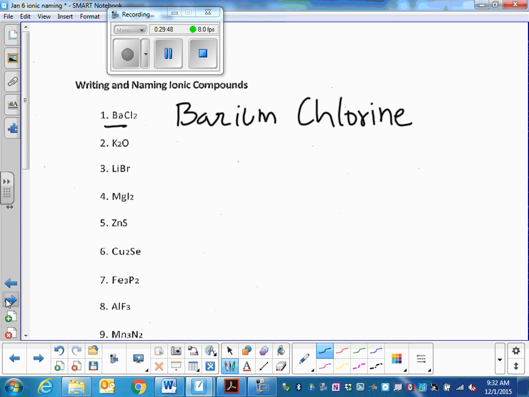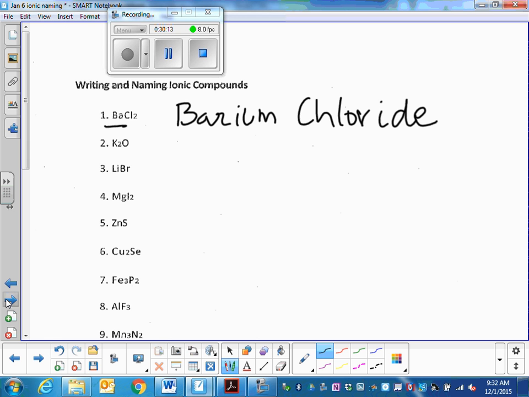But then, it's no longer an element, it's now formed a compound. So, we do not write the INE at the end. What do we change it to? IDE. The non-metal ending changes. So it becomes barium chloride.